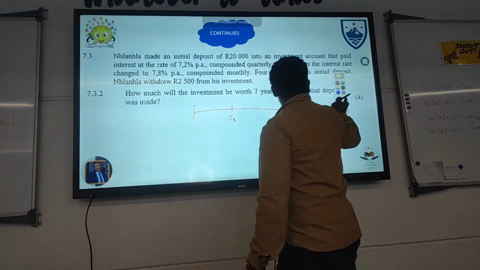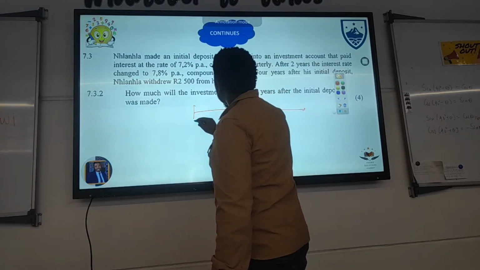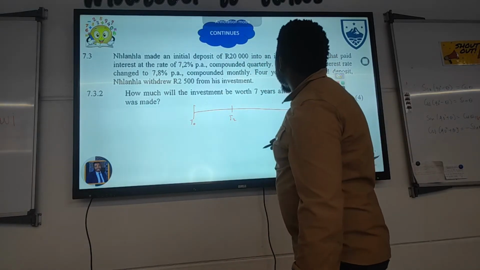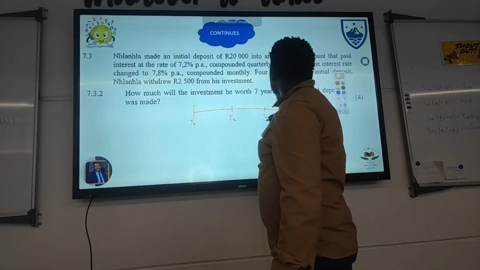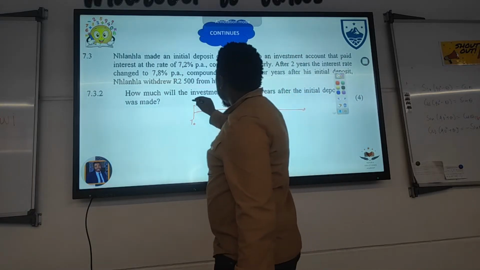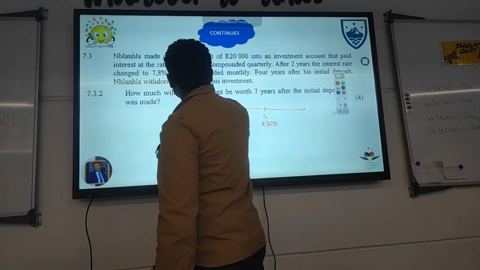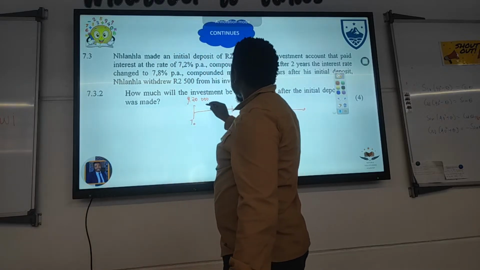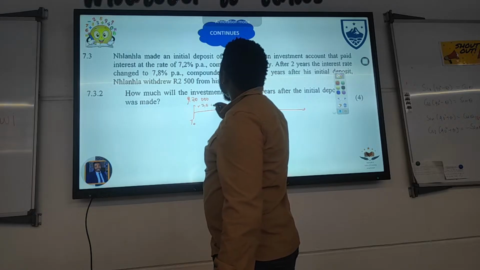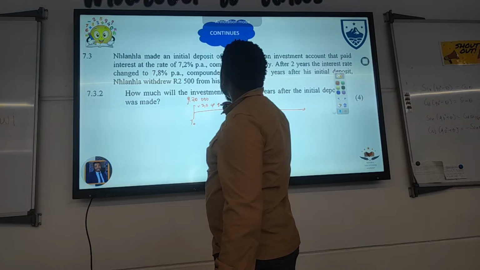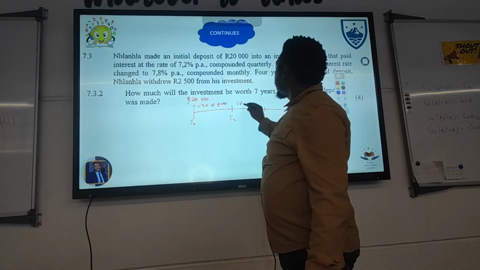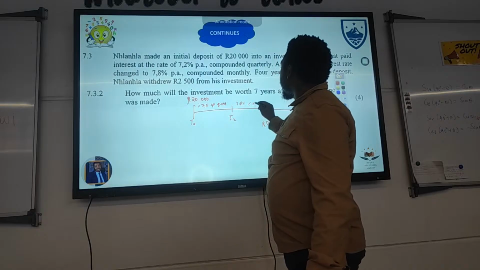This is T2, T initial, and then we also had T4, where we had a withdrawal, a deposit, and two interest rates. The one was 7.2 per annum compounded quarterly, and the other one was 7.8 compounded monthly.